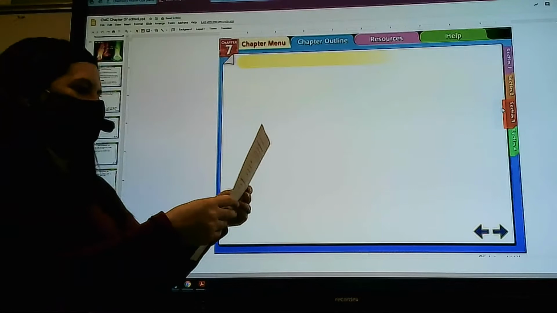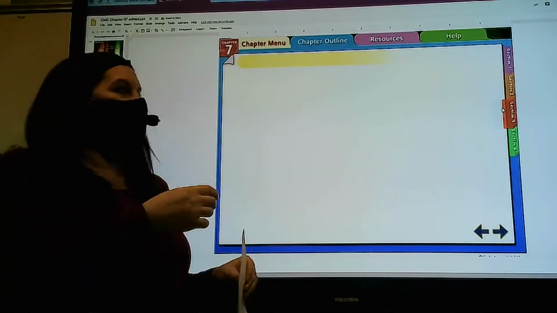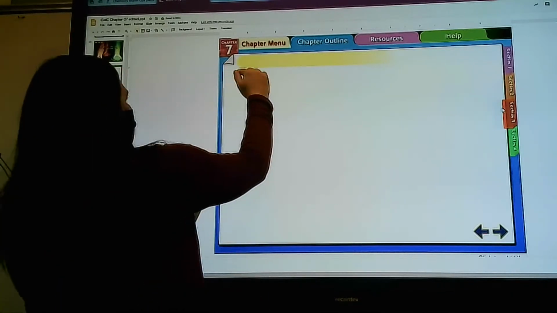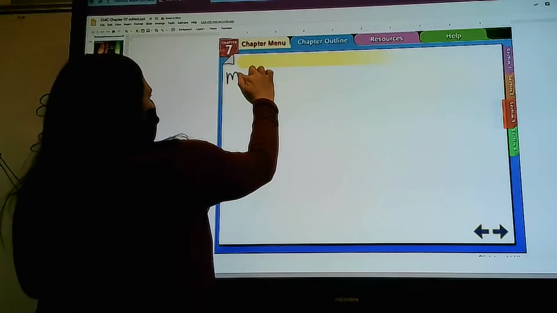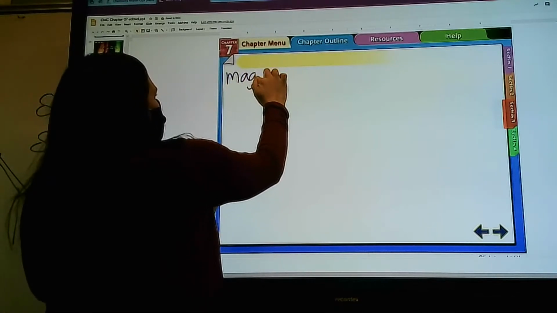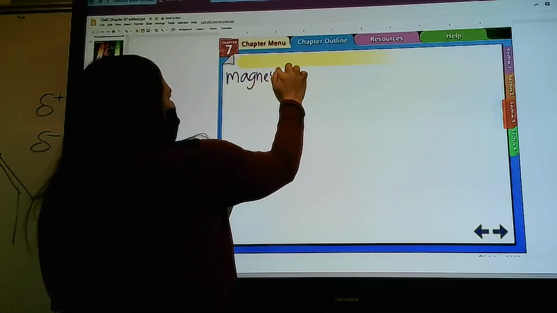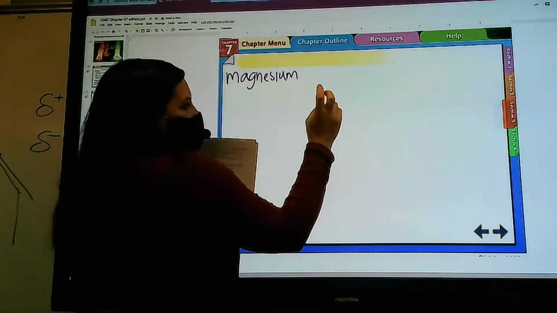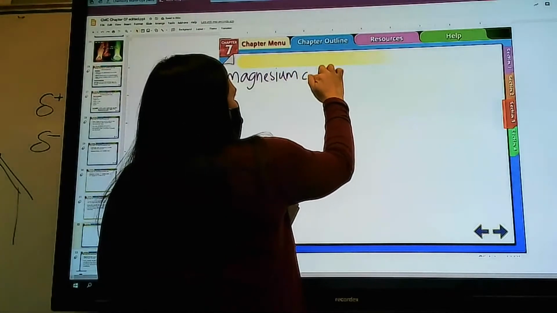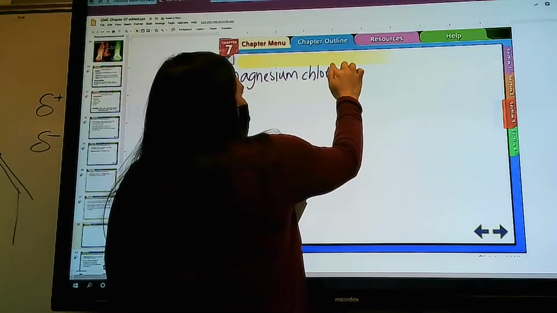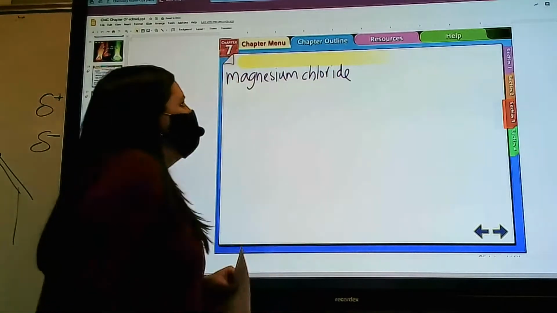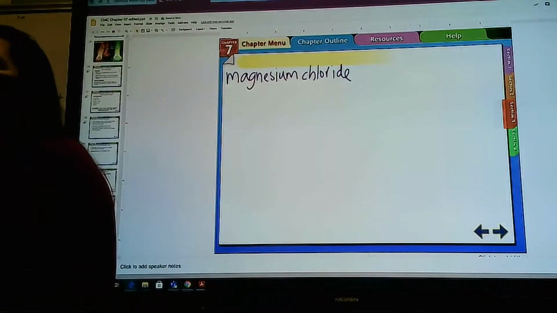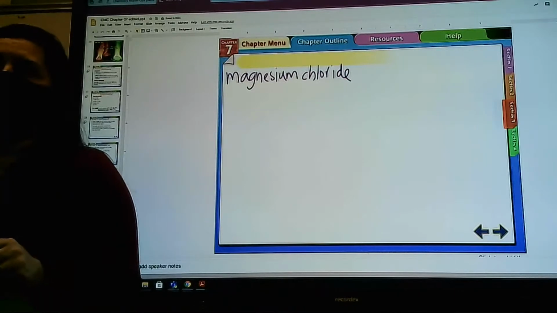So we have those examples on your paper we're going to go over together. The first one is magnesium chloride. I'll show you the longer version, and then I'll show you a shortcut. If we look at magnesium chloride, I need to look at the charges for each one.